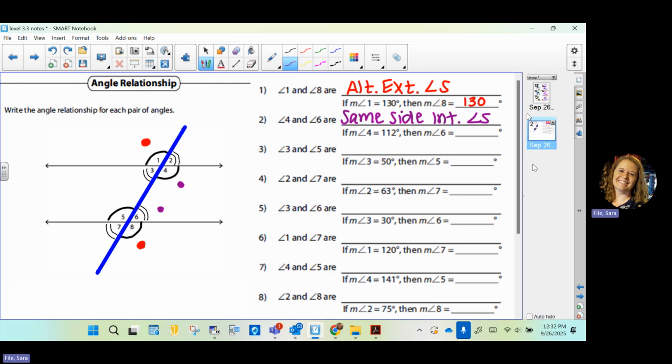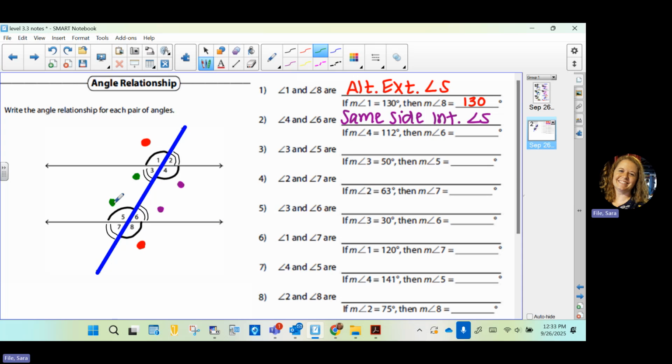All right, now let's look at 3 and 5. Okay, so angle 3 to angle 5. What about those two? What do y'all think? Are they on the same side or alternate sides of that blue line? Same side. Okay, are they interior or exterior of the parallel lines?